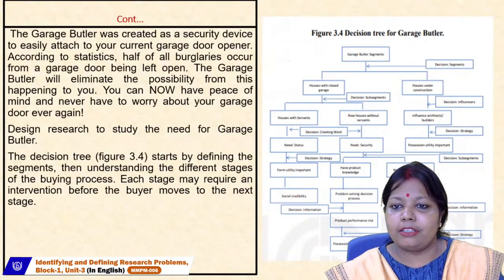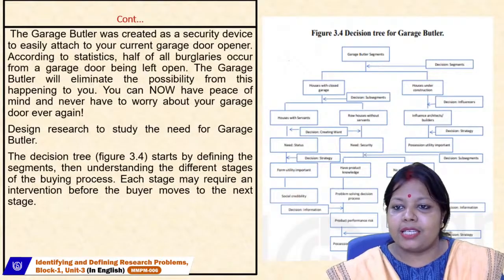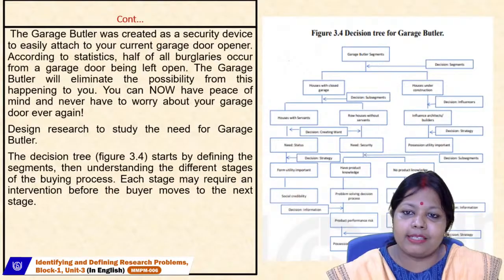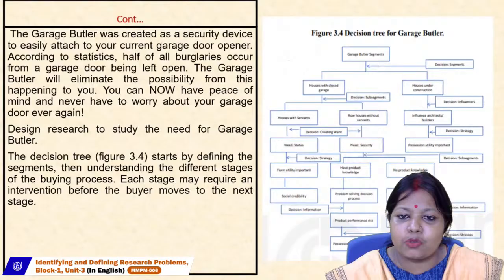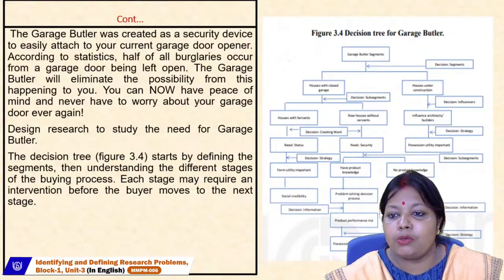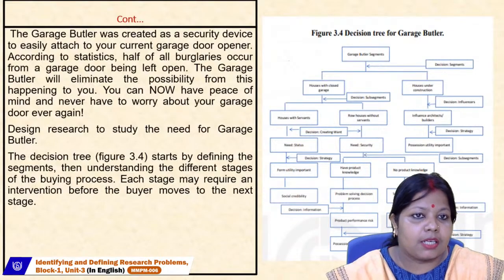Under the chart, house with closed garage, the decision segment is how the garage is closed. If it is so, then houses with servants and houses without servants.